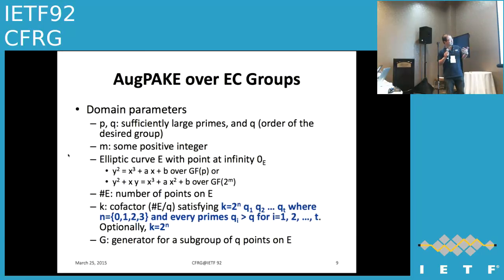Optionally, we can also set k to be 2 to the n. By using this cofactor k, the OPEC protocol over elliptic curve groups can be more efficient in terms of the order check of the values. Next, please.